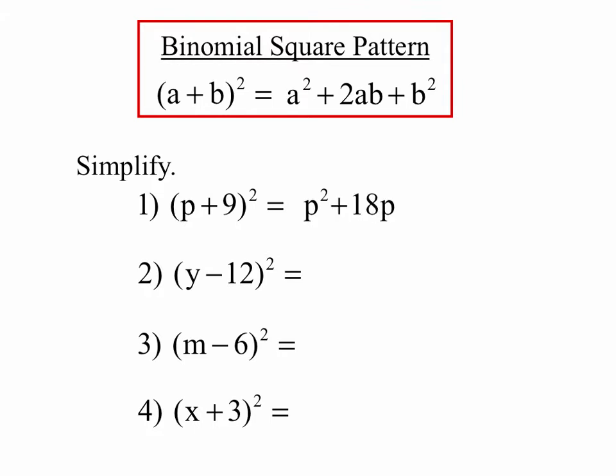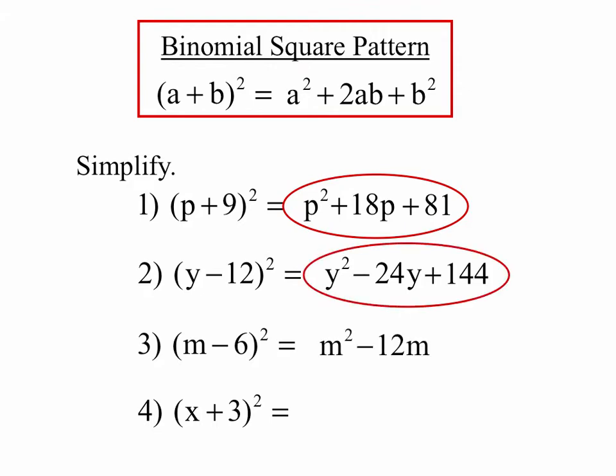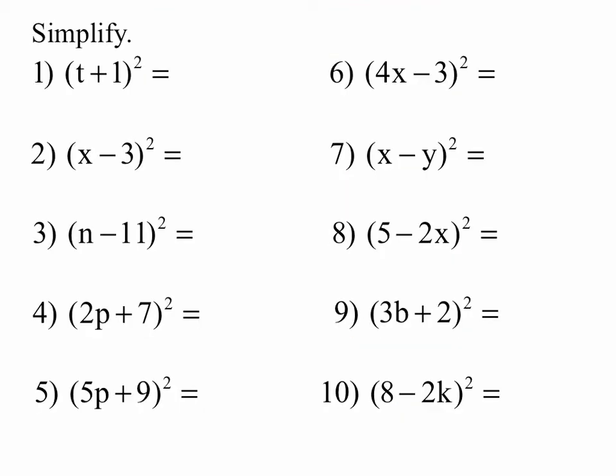Number 3 will be x squared plus 6x plus 9. All right, now number 1, we have t squared. The middle term will be 1 times t is 1t times 2 is 2t plus 1 squared would be 1.